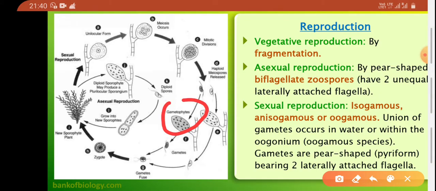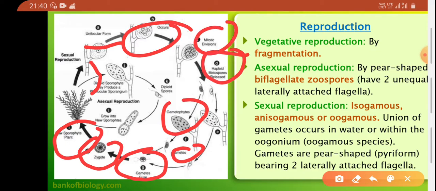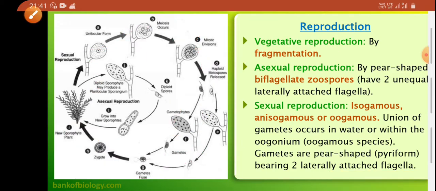This is gametophyte. This is gamete. Gamete fusion takes place. This forms zygote. From zygote to a new sporophyte plant. And now sexual reproduction takes place. Meiosis. From meiosis, mitotic division and haploid structure. This is the life cycle of algae.